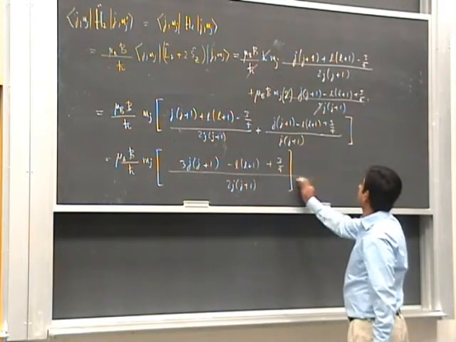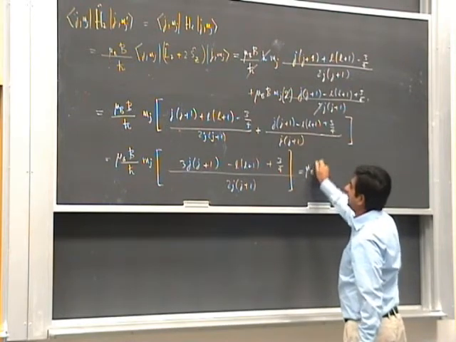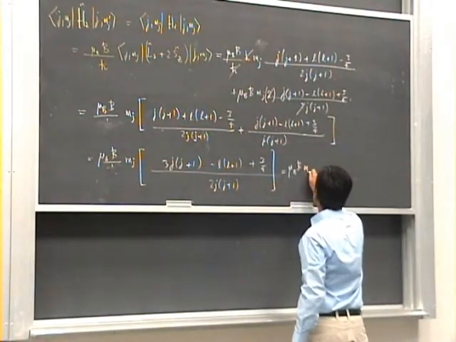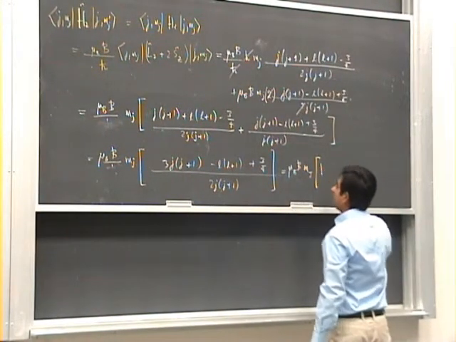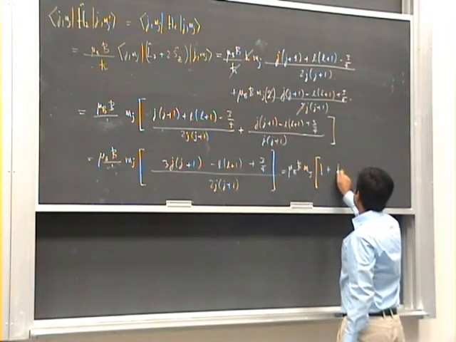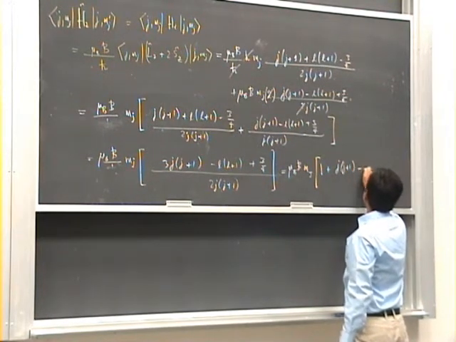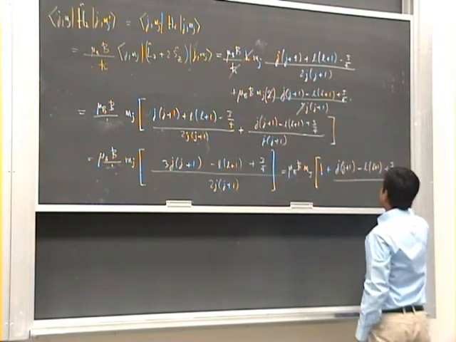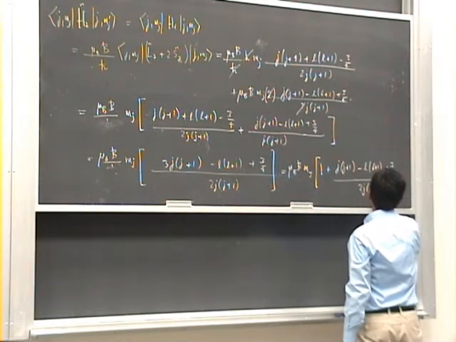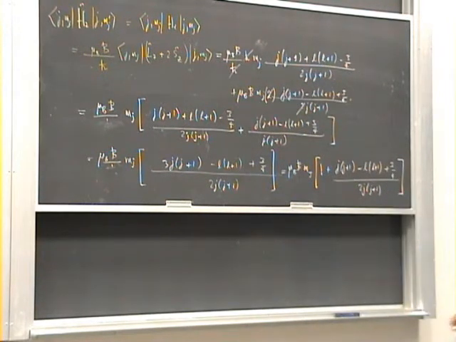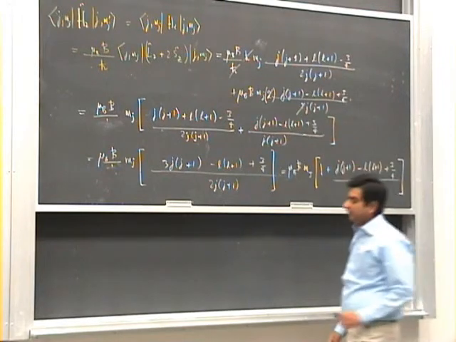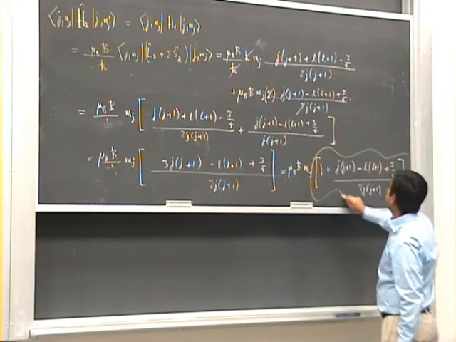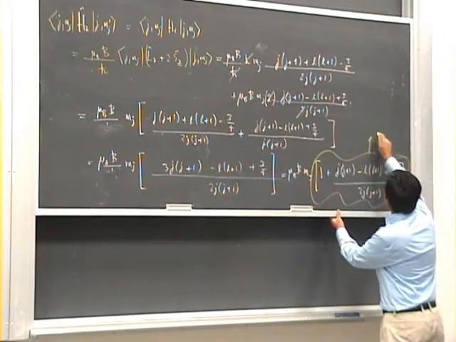And this is V equal to mu B mj times 1 plus j(j+1) minus l(l+1) plus 3 by 4, divided by 2j(j+1). This is just some other factor, I can lump this together and I call it G sub j.